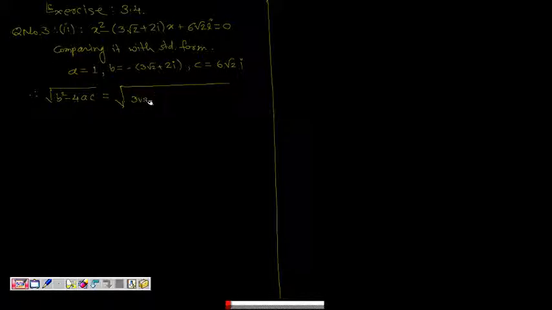So (3 root 2 plus 2i) square minus 4 times AC. A is 1, so only C remains. So 6 root 2 i. Is that clear? Okay. Now 3 root 2 plus 2i का square करेंगे.